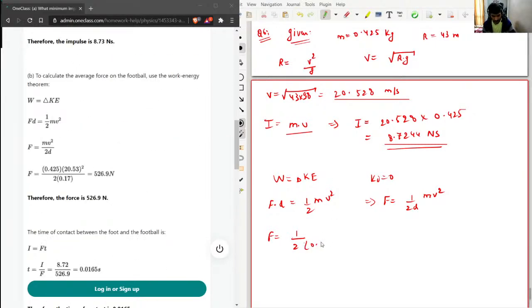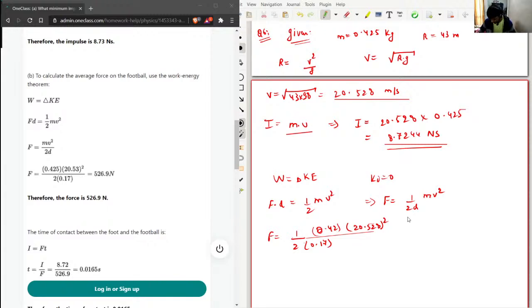So this will be 0.17, and this mass is 0.425, and v was 20.528 and whole square. So it will be 0.425 times 20.528 square divided by 2 into 0.17.